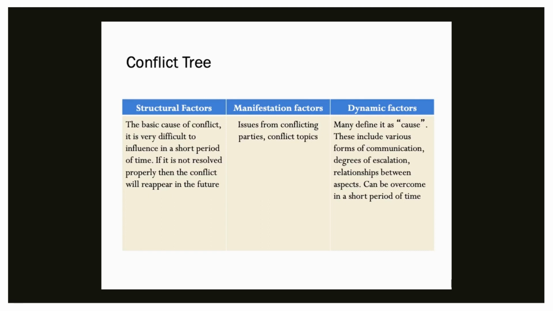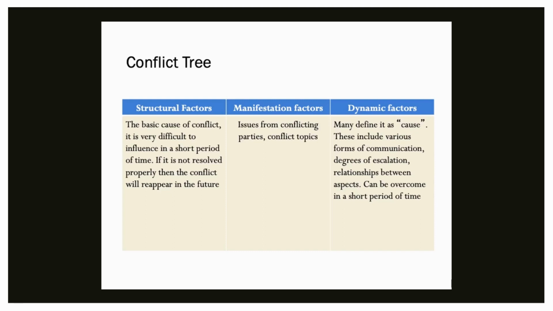It is important to see the root causes or structural factor, the manifestation factor, and also the dynamic or the effect of the conflict. We should divide our analysis into three factors. That is the lesson from the conflict tree tool.